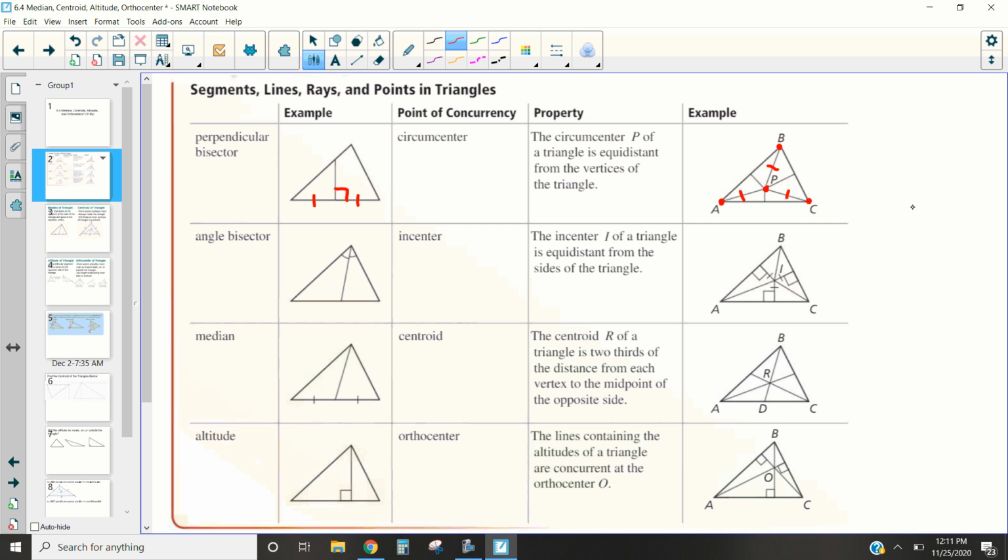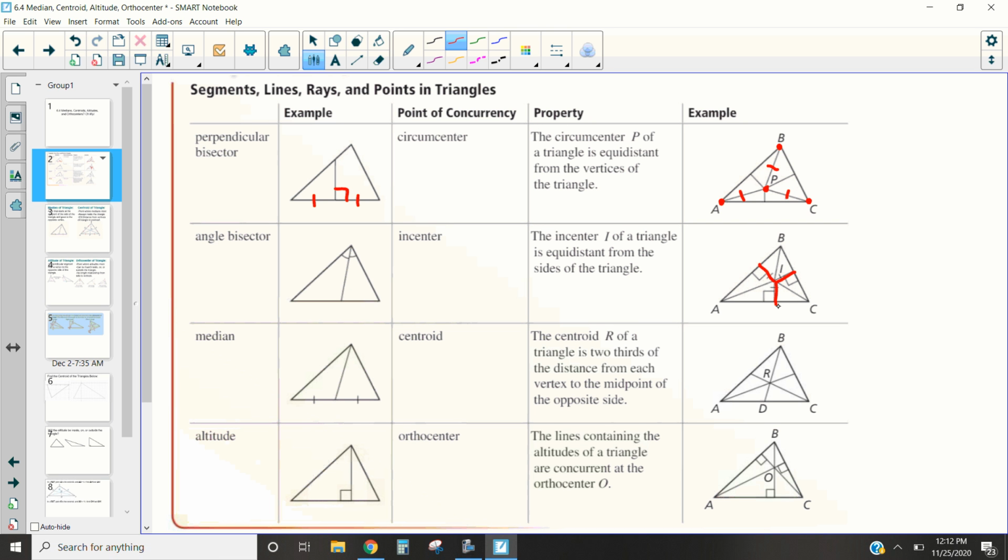And the incenter of this triangle is actually equidistant from the sides of the triangle. So the circumcenter is equidistant from the points, while the incenter is actually equidistant from the 3 sides. And notice how when it crosses those 3 sides, it's actually equidistant at a 90-degree angle, which is really cool. So that is something awesome to be aware of.